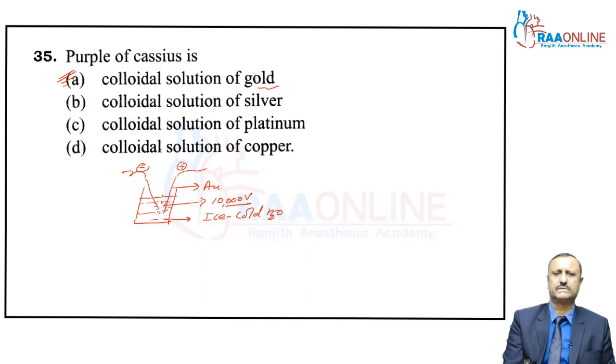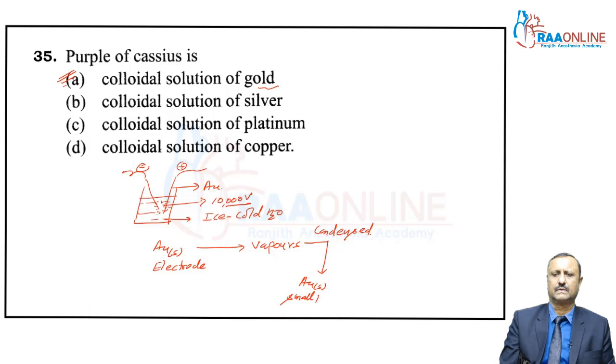Then, my dear students, this gold solid electrode is converted into vapor form, and when these vapors are condensed, you get small solid gold particles, and so it is called a gold colloidal solution.